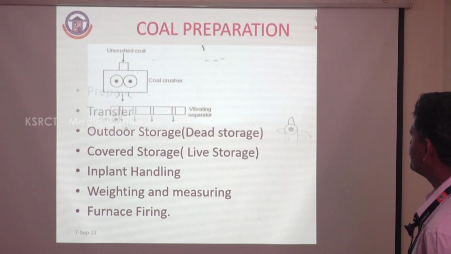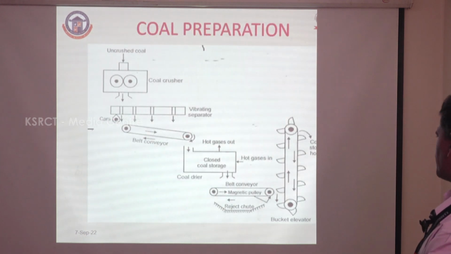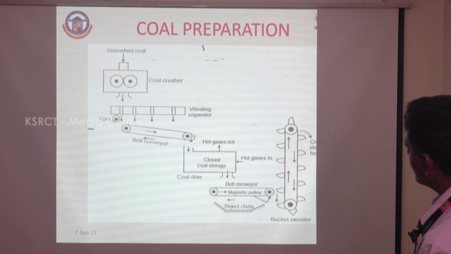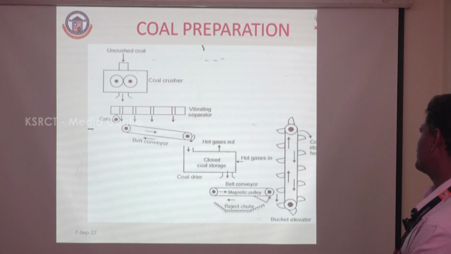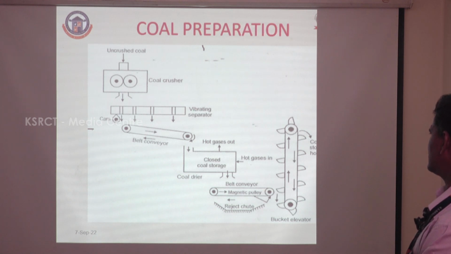Next, coal preparation. How is the coal prepared and then sent into the steam power plant or thermal power plant? This is the coal preparation chart. The coal is coming from Japan or Australia.